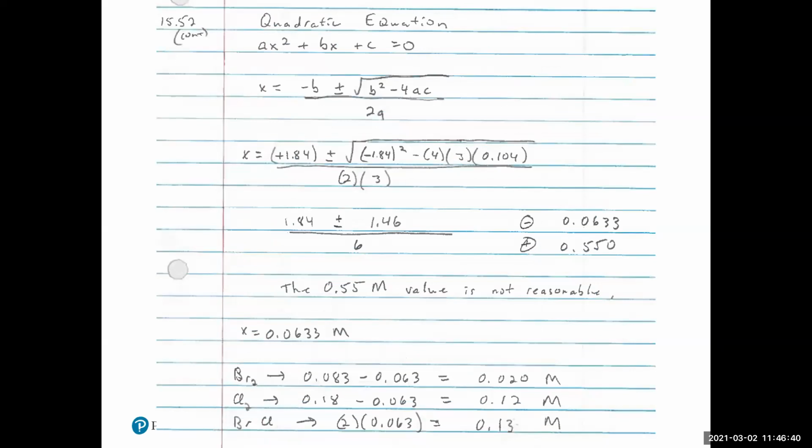And so we do that math down here at the bottom. 0.083 minus 0.063 is 0.020, 0.18 minus 0.063 is 0.12, and then 2 times that value is 0.13 moles. So now at the bottom, we have solved for the molarity of each of those products or reactants in our equilibrium expression.